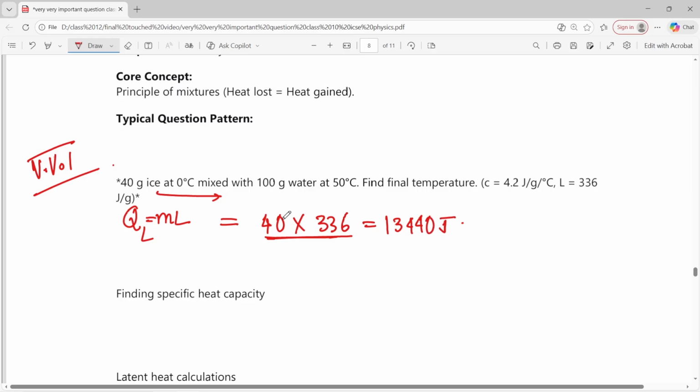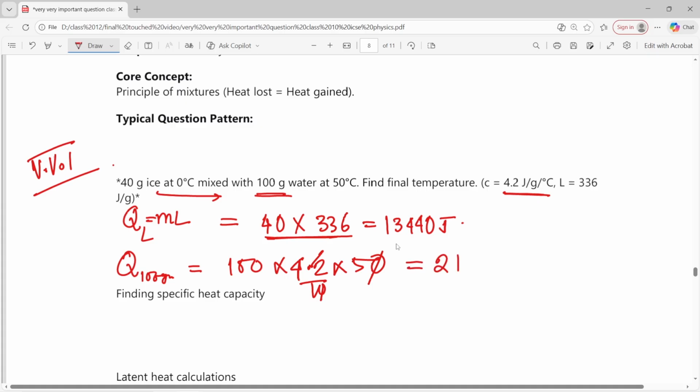Now the 100 gram of water. The specific heat capacity of water is 4.2 joule, and the temperature difference is 50 minus 0, which is 50. The zeros cancel, and after multiplying you get 21,000 joule.